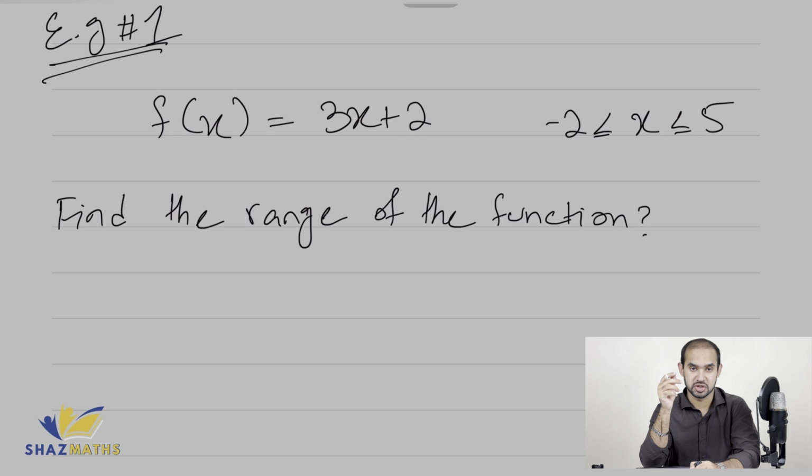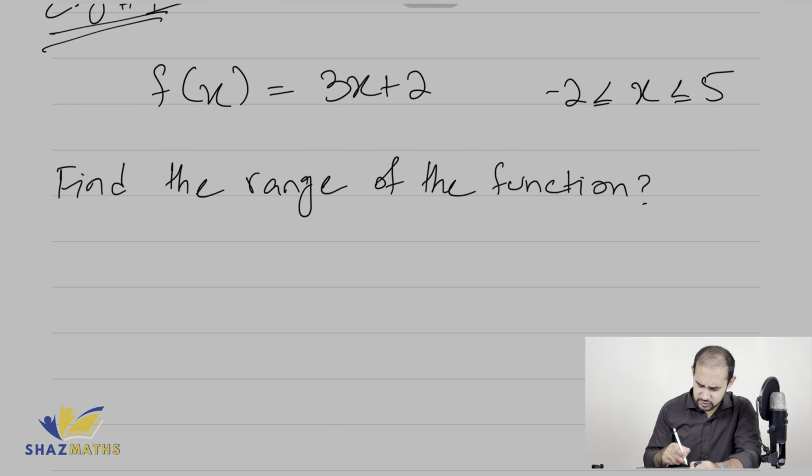Whenever you have to find the range of a function, you have to remember only these two concepts. The first one is the range should define all the set of y values. Second, the trick is to find the minimum and the maximum possible value of y in that given domain, and that would provide us the range of the function. Okay, let's have a look.